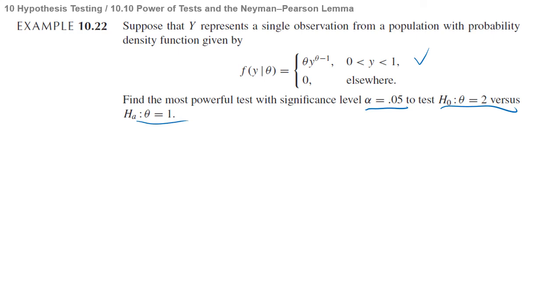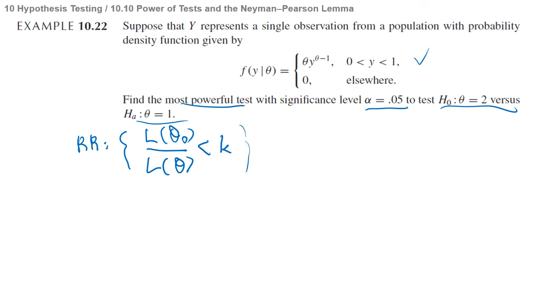To find the most powerful test, we can apply the Neyman-Pearson lemma. Using it, we construct the rejection region as the likelihood of theta 0 divided by the likelihood of theta A is less than k. This would be the rejection region of the most powerful test.